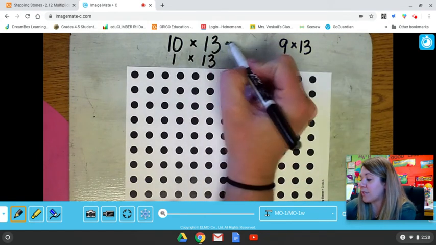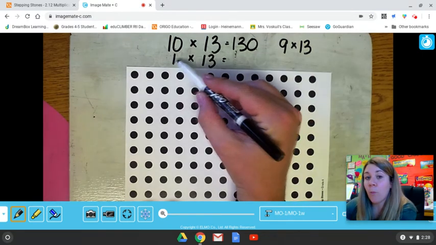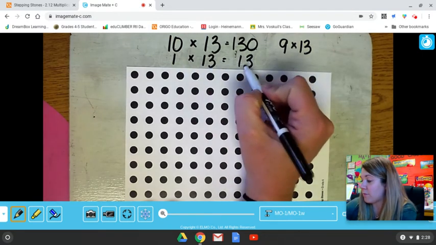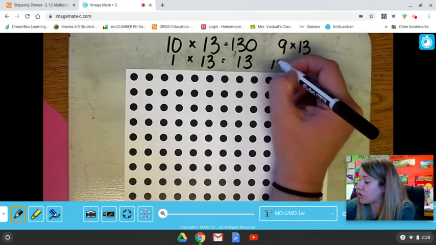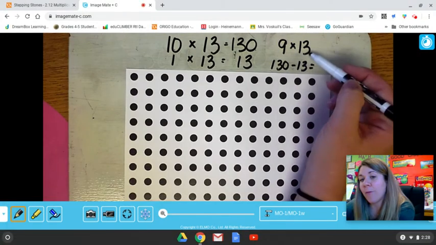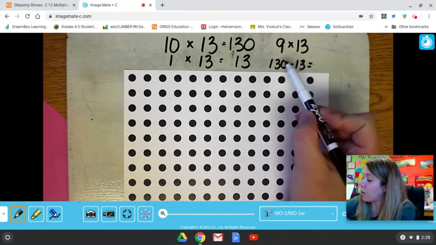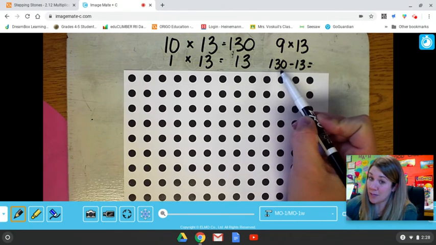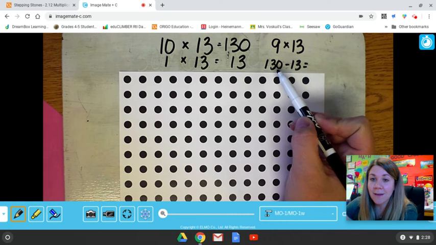I know 10 times 13 is 130. And I covered up one row of 13, which is 13. So now I just need to do 130 minus 13, and I will have my answer for 9 times 13. All right, so now this is going to take some mental math, and feel free to use your fingers or whatever strategies you need.